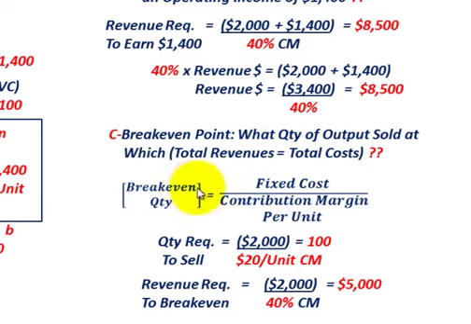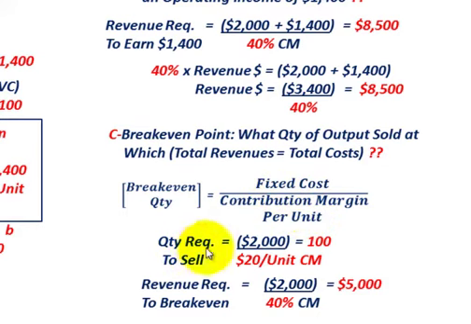So again, you go to your equation. In this case, since we only have to cover our fixed cost, we only include that in our numerator. So the break-even quantity equals the fixed cost divided by the contribution margin on a per unit basis.